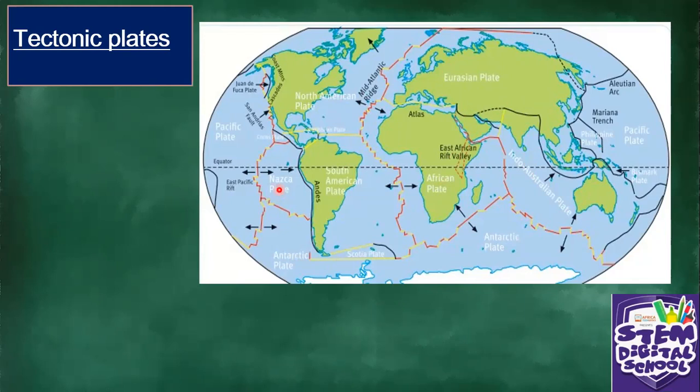Can you see the other small ones? This one there, and also that one there, the other one there. But these ones are the larger ones. So what happens to these plates? How do they move? That's what we're going to talk about.